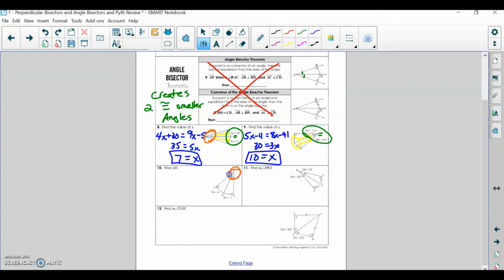There's the congruent angles right there. So 8 and 10 are the same. 9 and 11 are the same. And then number 11 is also a hypotenuse leg congruency in there. You got some congruent triangles. So those two are going to be equal as well.